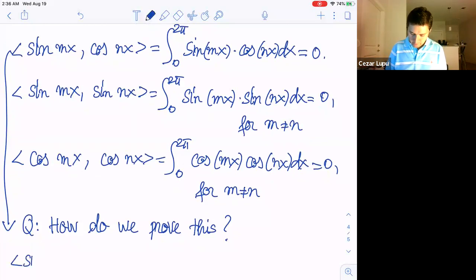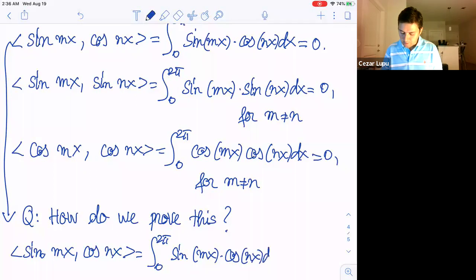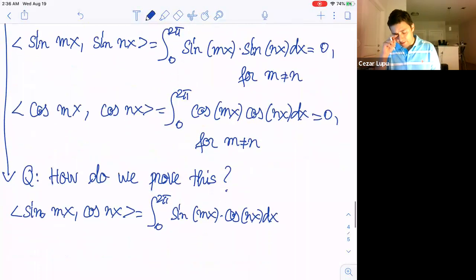Let's look at it. The inner product of sine of mx and cosine of nx is the integral from 0 to 2 pi of sine of mx cosine of nx dx. We want to prove that this is 0. I'm going to write it in this way, and then I'm going to tell you what I used.